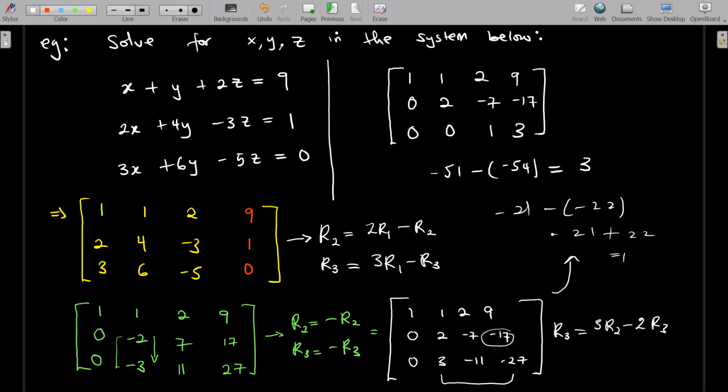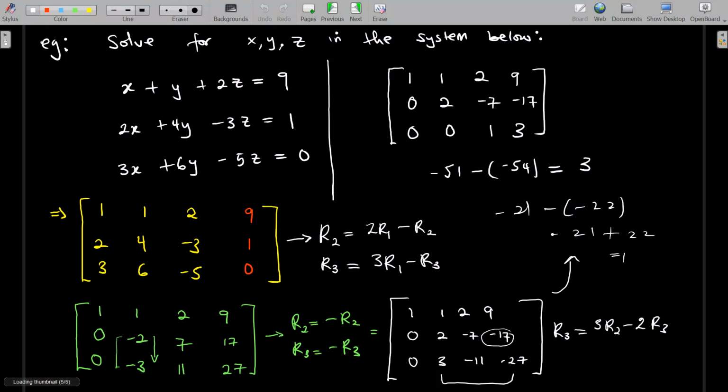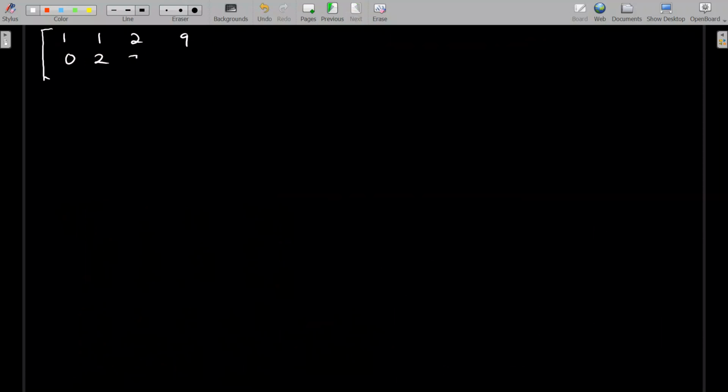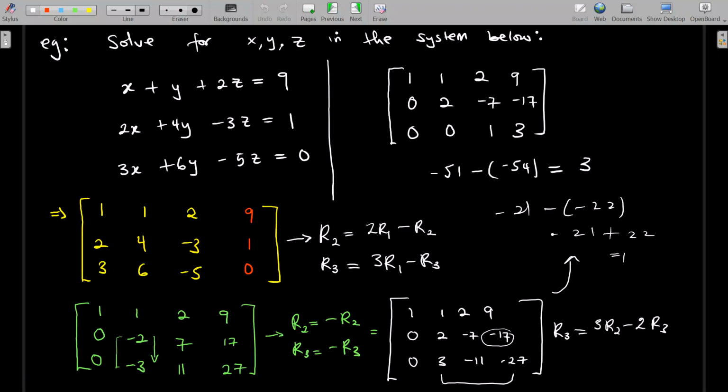So what this whole final thing is telling us is that we have a system that has been able to reduce to this matrix: 1 1 2 9, and 0 2 -7 -17, and I have 0 0 1 and 3. So you're going to compare this to the equation we had previously.